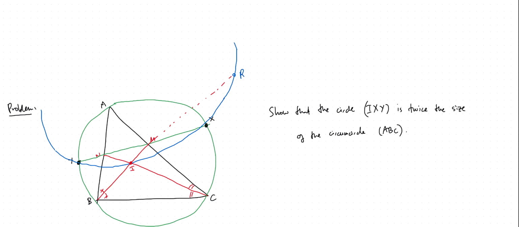From the fact that R is on this circle, so R, X, I, Y are cyclic. And what we know is IR is the angle bisector. It passes through M. This is the information that we have.